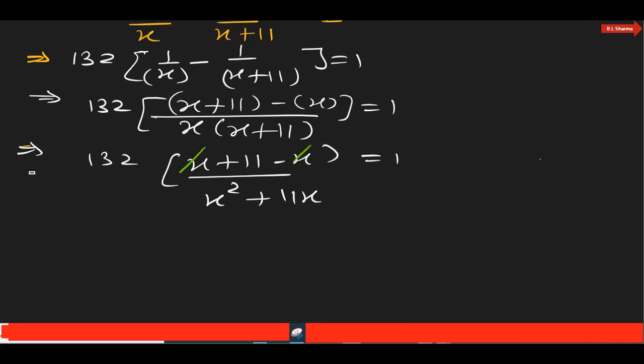Plus x minus x cancel. So that is 132 into 11, that is x square plus 11x. 132 into 11, can you multiply?